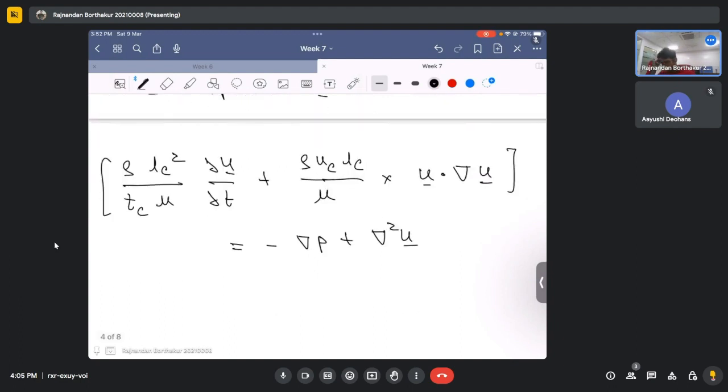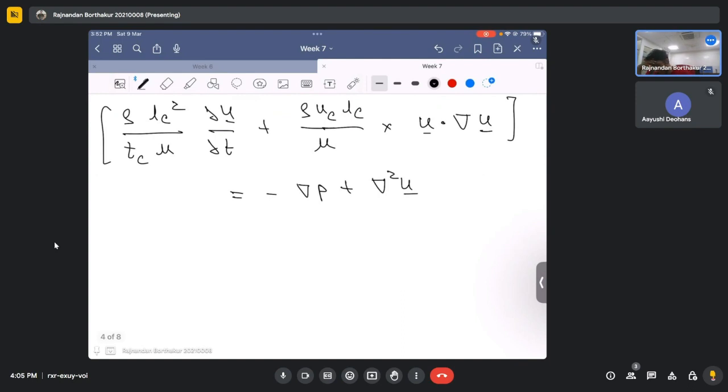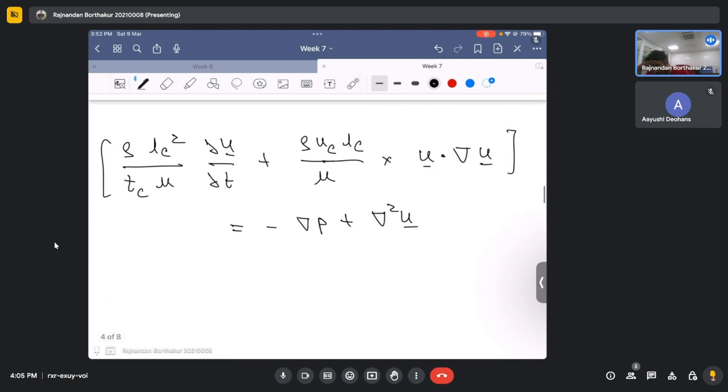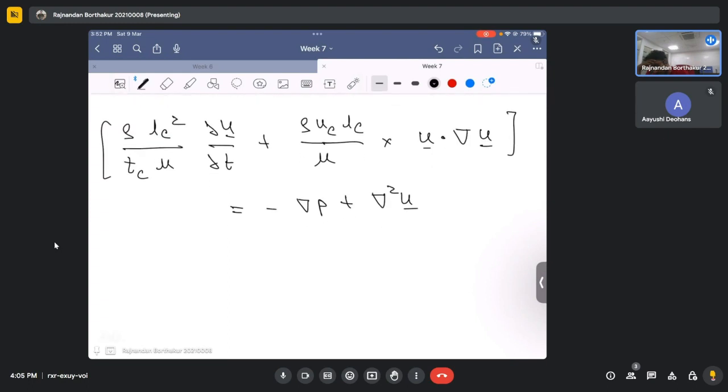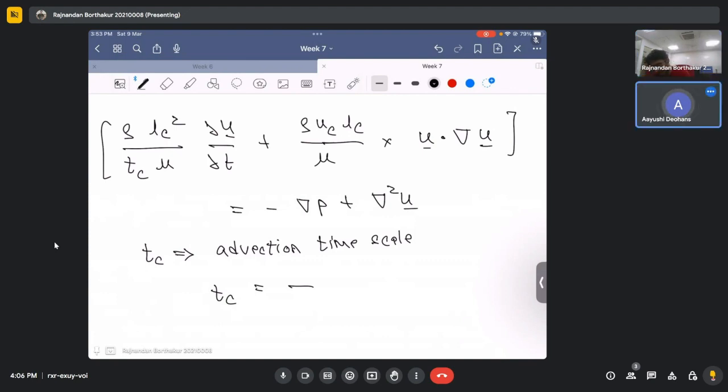All right. So now let's for the time being take TC to be the advection time scale only. Can you relate TC with UC and LC? What does TC become if I choose TC as the advection time scale? Yeah, exactly, LC by UC.